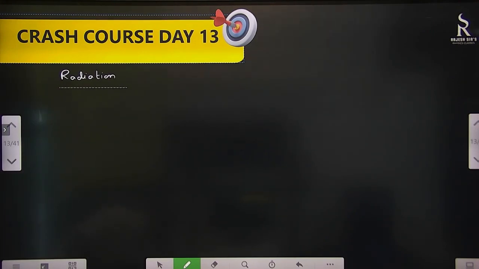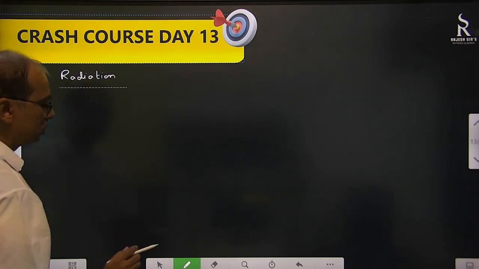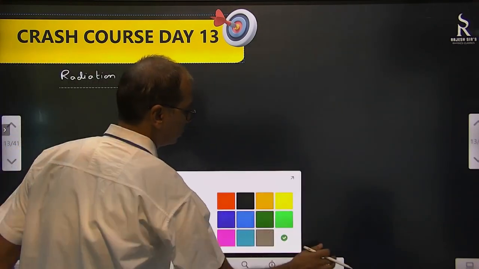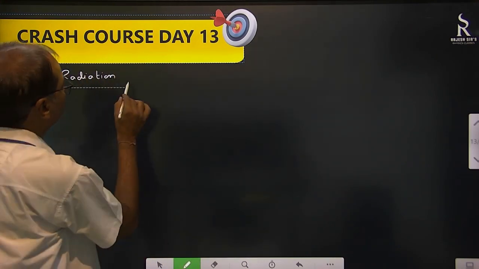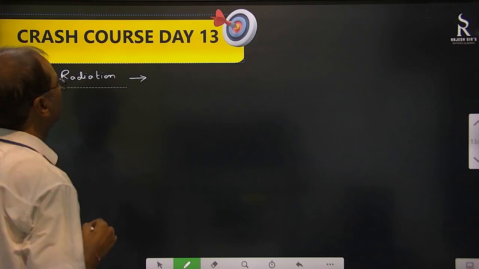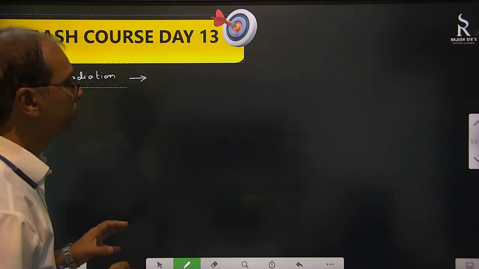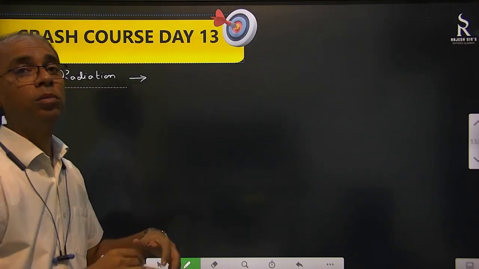Now then, we are moving on to radiation. Right. So radiation is also a type of heat transfer, but this heat transfer is slightly different from other heat transfers. Why? Because radiation means how much emission you are doing.